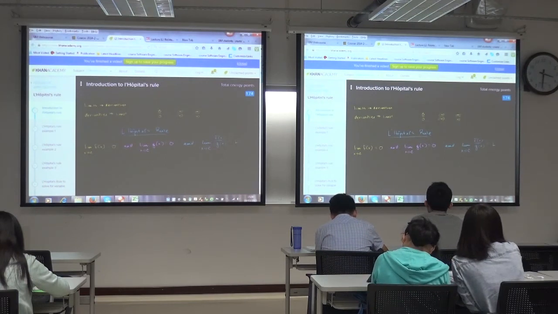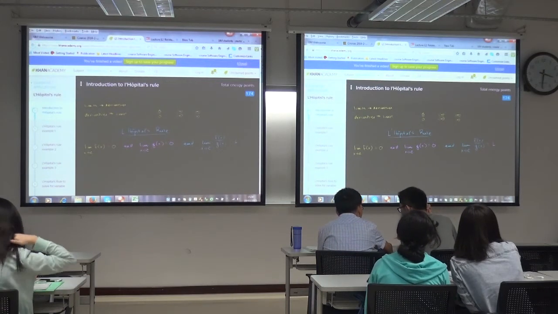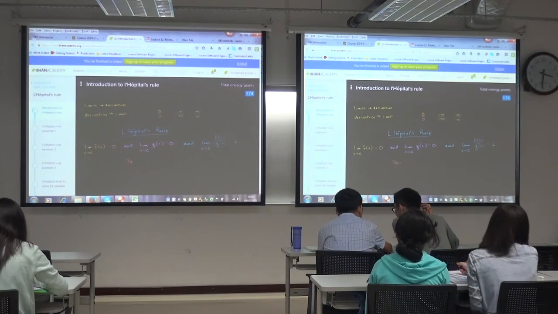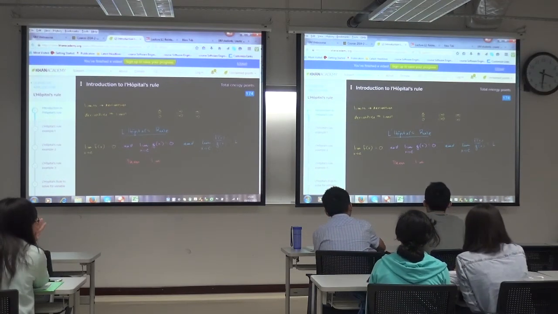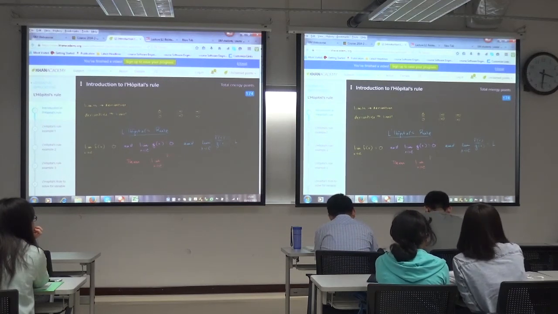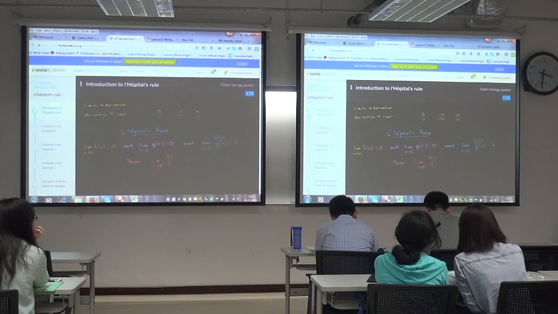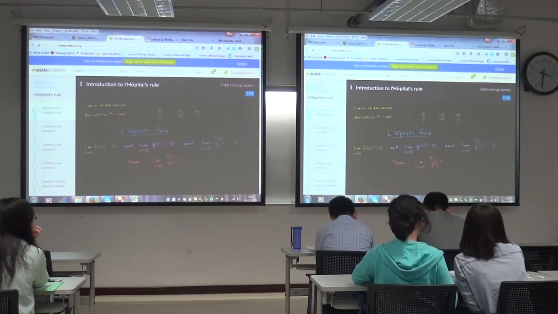This is the indeterminate form of 0 over 0, so this is the first case. Then we can say that the limit as x approaches c of f of x over g of x is also going to be equal to L.